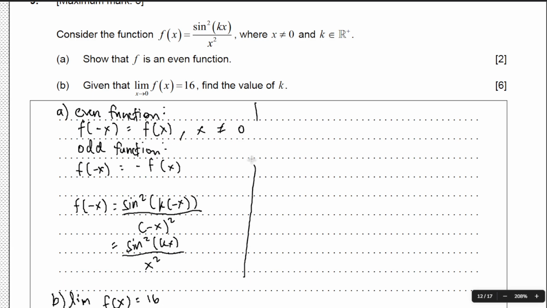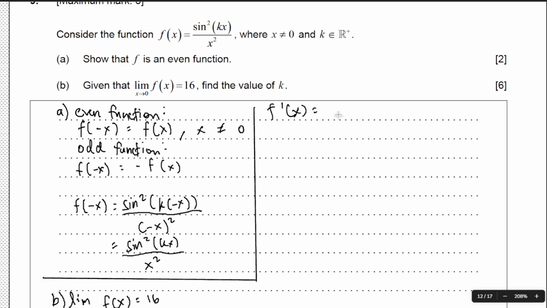So let me close this off real quick. Okay, so f dash of x would equal the derivative of sine squared kx. We are just taking the numerator here because we need to differentiate both the numerator and the denominator separately.